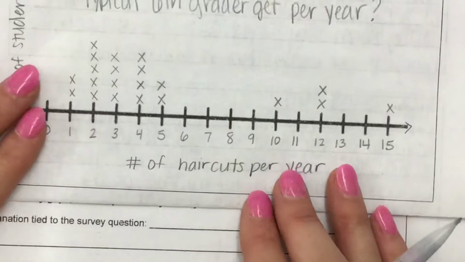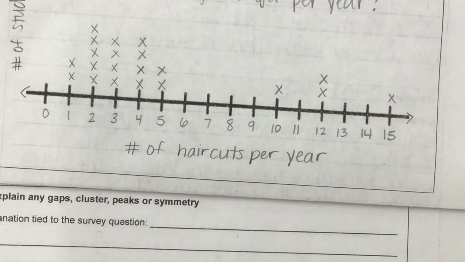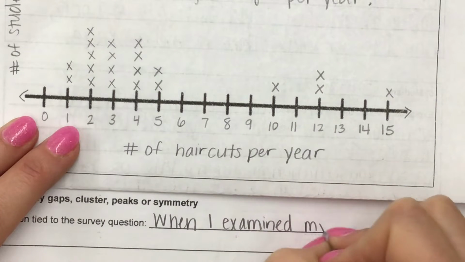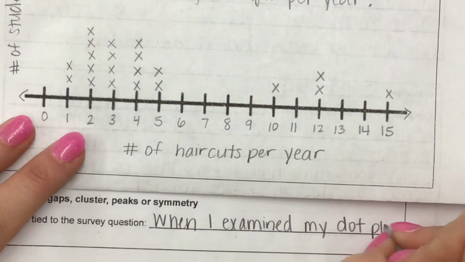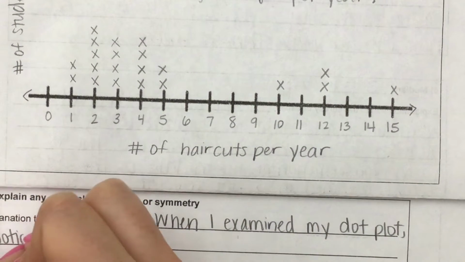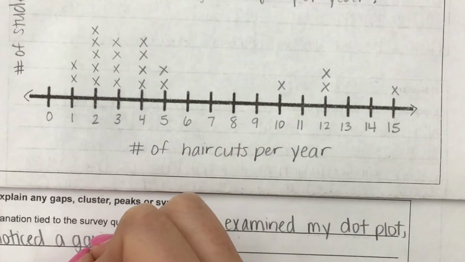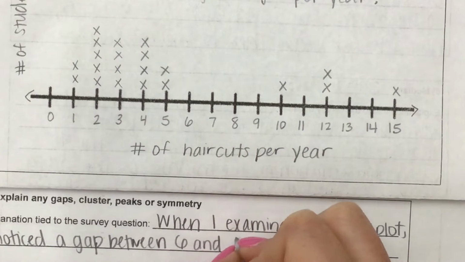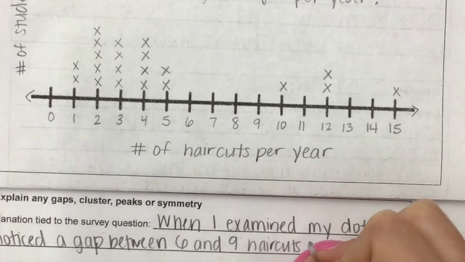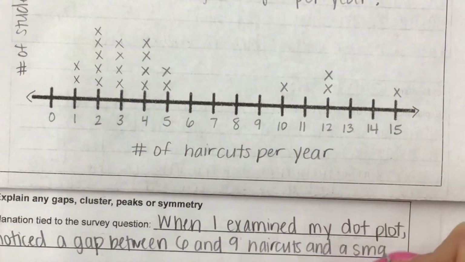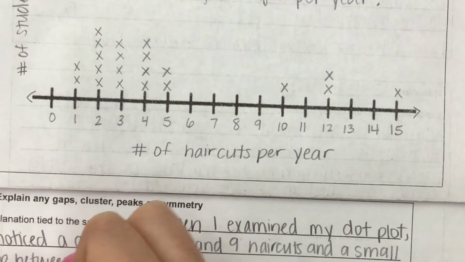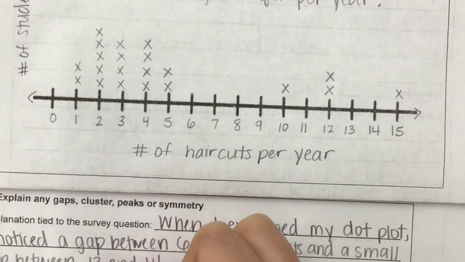Okay. So when I write mine, I'm going to say, when I examined my dot plot, I noticed a gap between 6 and 9 haircuts and a small gap between 13 and 14.